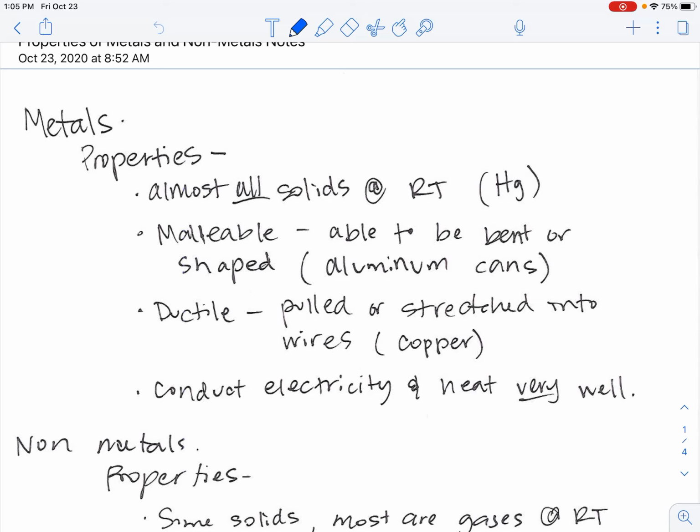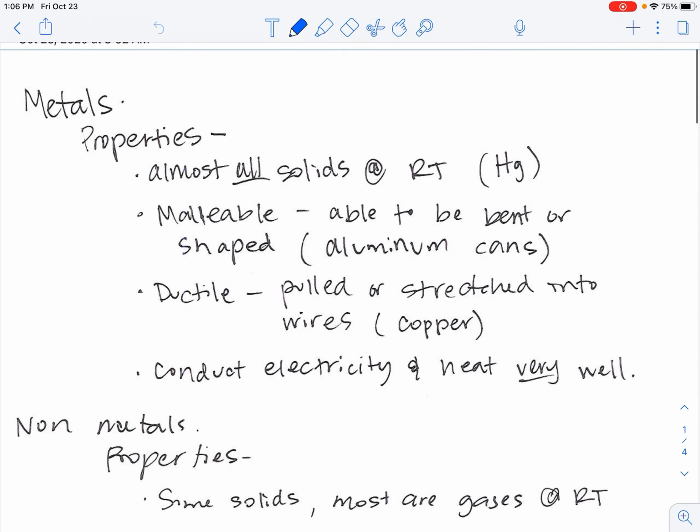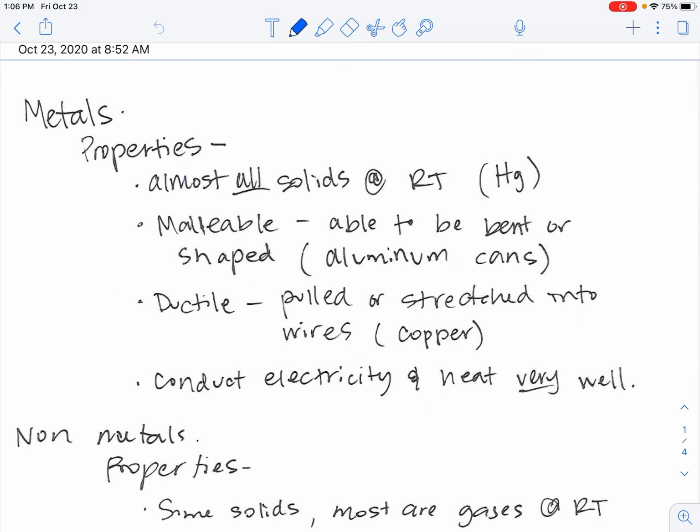One other thing about metals is that they're ductile, which means you can pull them or stretch them into wires. This is why copper is used almost for every single wire in your house, especially for electricity. Copper is used for internet cords, for electrical cords, for the wires inside your house that you can't see. All of that is copper, and so that property is called ductile, or ductile, depends on how you pronounce it.